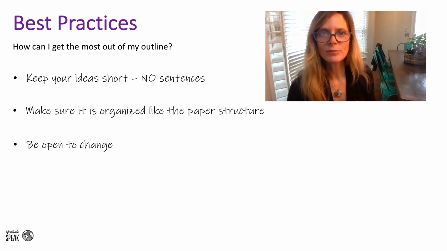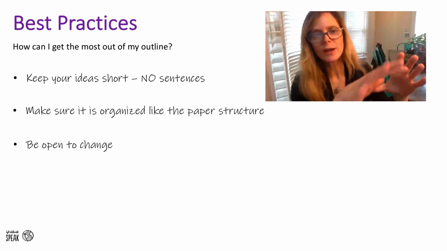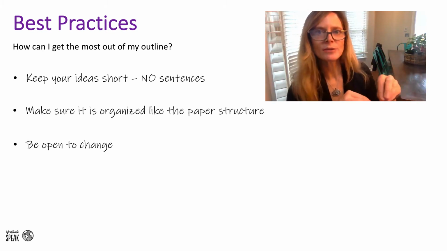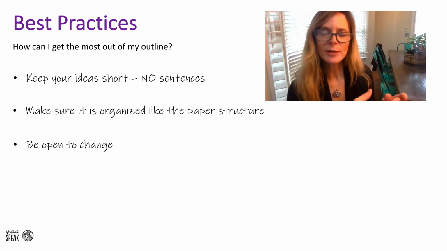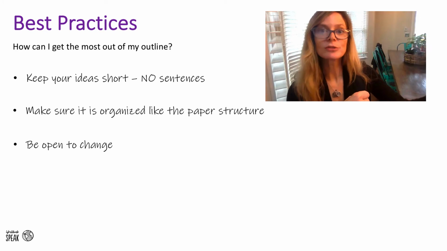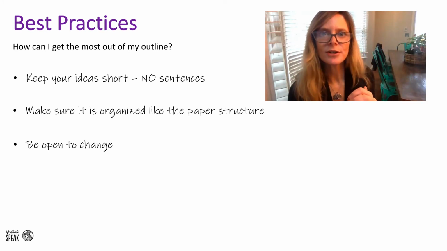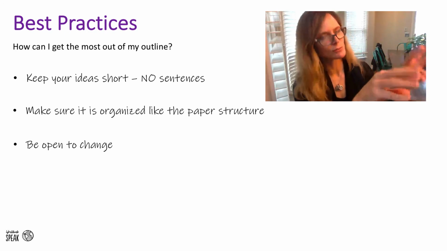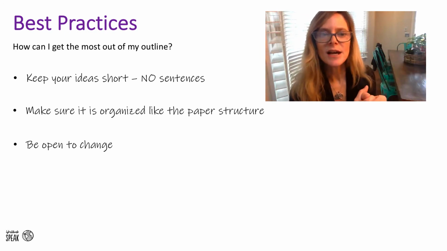Something I like to do when I write is when I make my outline, sometimes I like to move things around because in some types of writing you want to save your most important examples for the end of the paragraph. So maybe I was outlining and I put it in the beginning. I might want to just move it around and put it at the end. And it's important to be flexible when you write. It's not so fixed that it can't be changed.